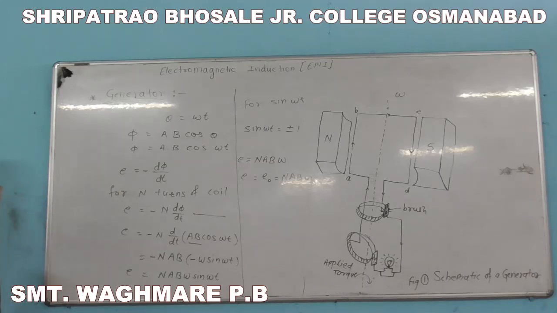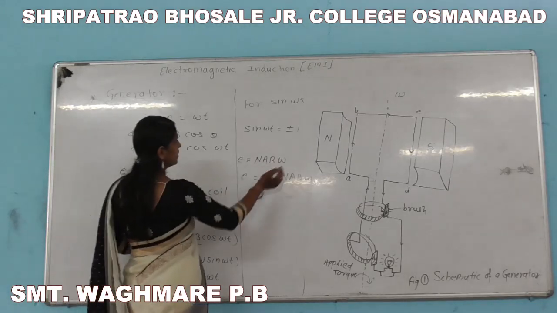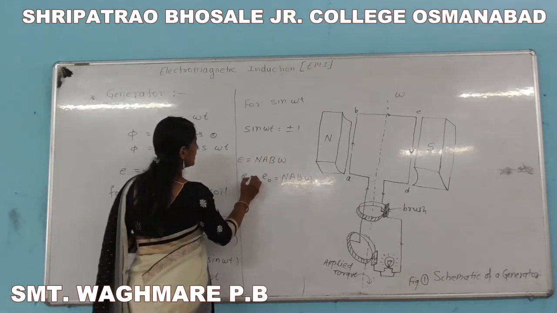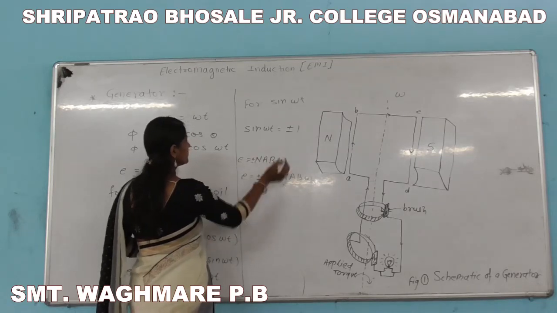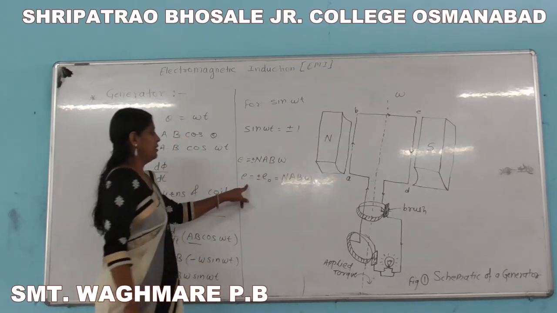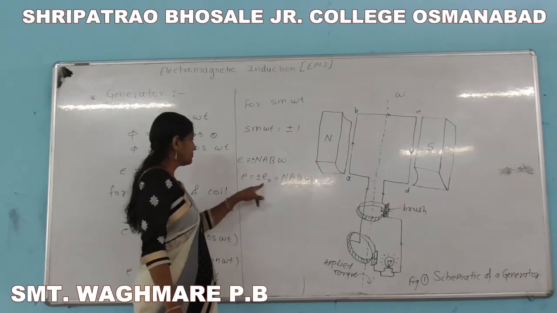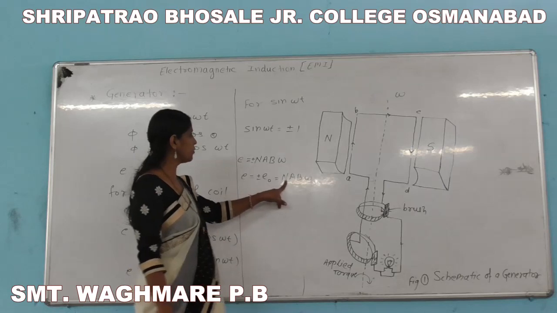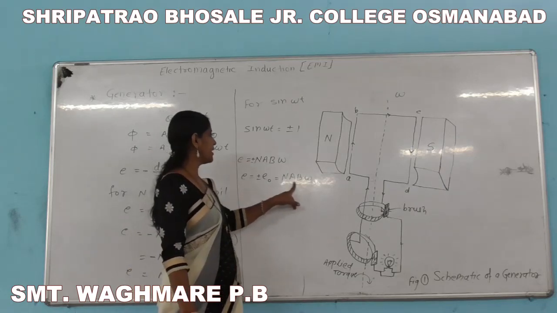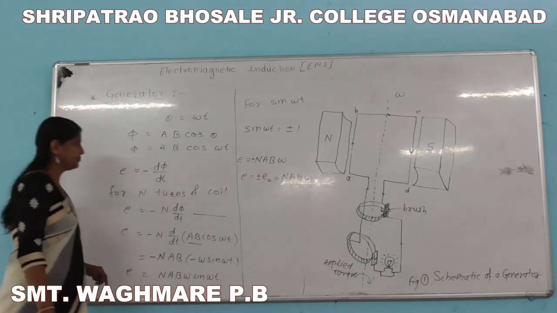Now we can write this equation with plus or minus also: E is equal to plus or minus E naught, that is the maximum EMF induced in the coil, and therefore NAB omega.